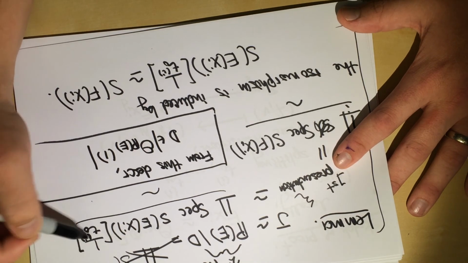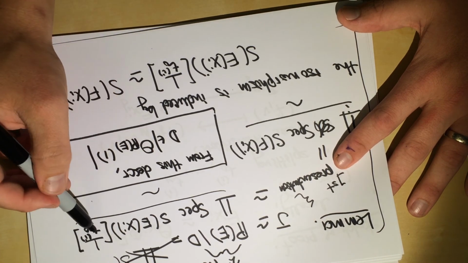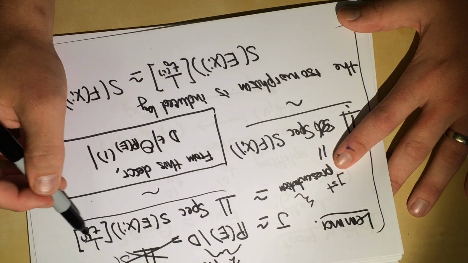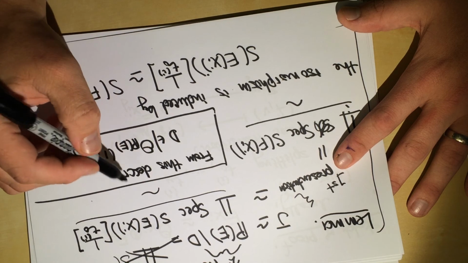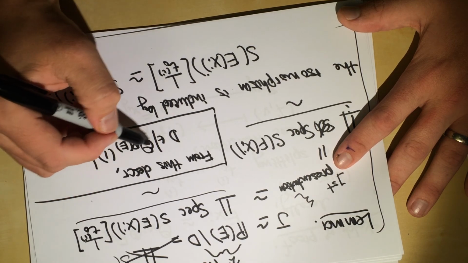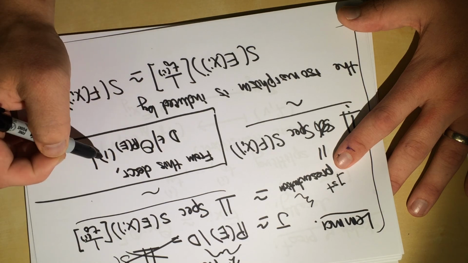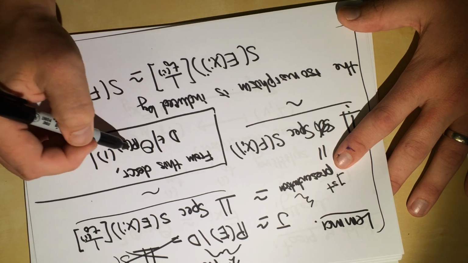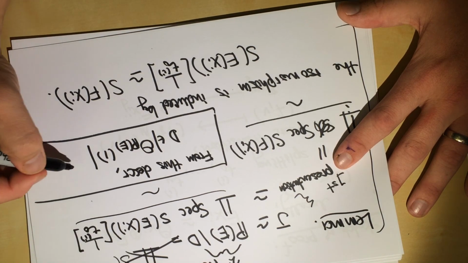So again, D is cut out by this choice. What we've really done is we've shifted everything over by 1 in this grading, and since this is going to be ample by Gieseker's theorem, this is going to be ample. And that's the theorem. Okay.